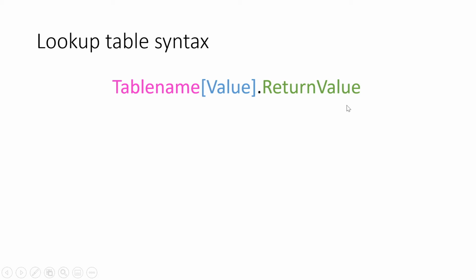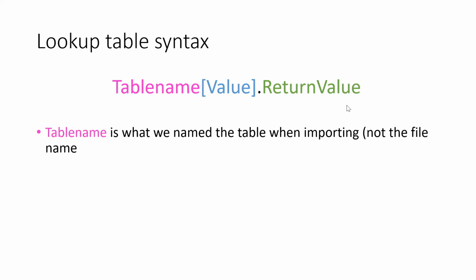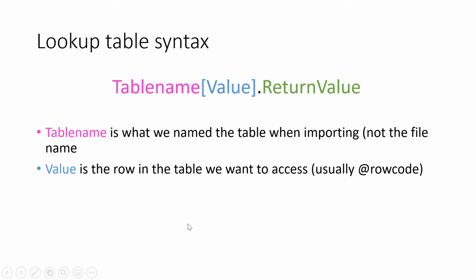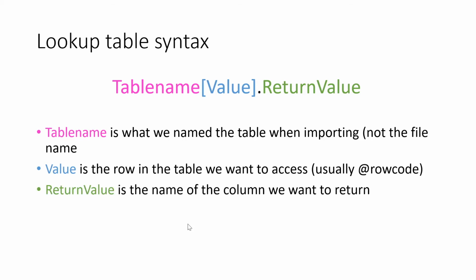So to run through each of those components, first of all, the table name is what we named the table when we imported, not the file name itself. The value is the row in the table that we want to access. Now, when working with rosters, this is usually the @row code variable. And finally, the return value is the name of the column that we want to return the piece of data from.